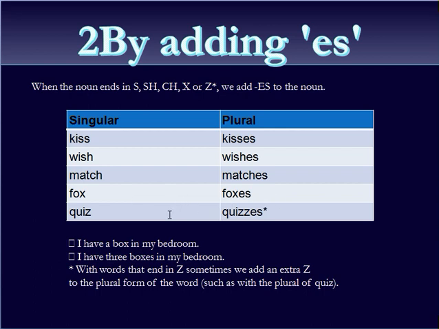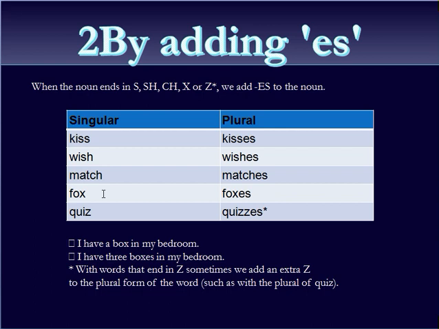And quiz becomes quizzes. Here we see at the end of the word quiz we have the letter z. So with words that end in z, sometimes we add an extra z to the plural form of the word, such as with the plural quizzes here.